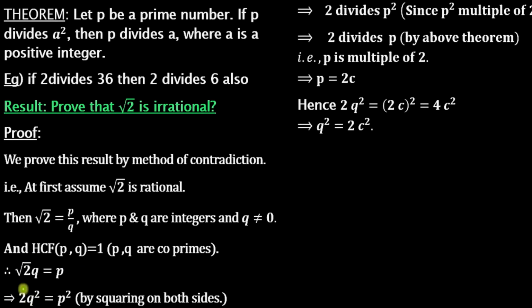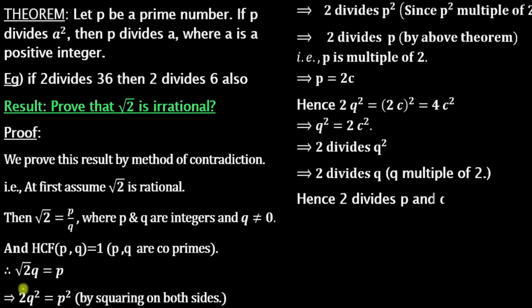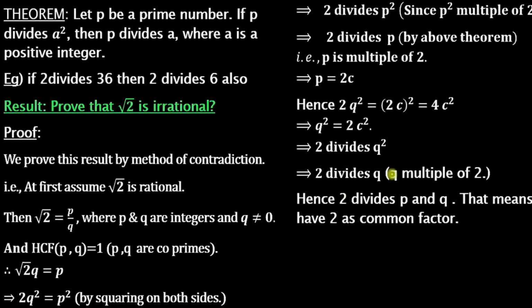Then 2 divides q square, or q square is a multiple of 2, which implies 2 divides q. That is, q is a multiple of 2. Then we can write q equals 2k.